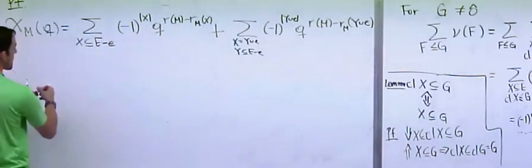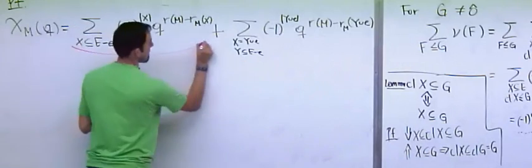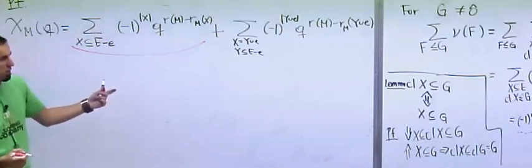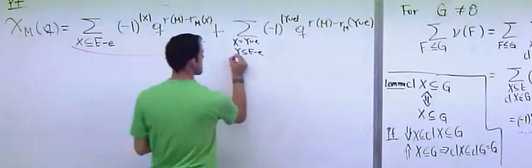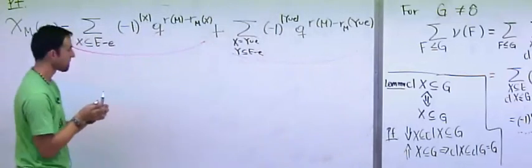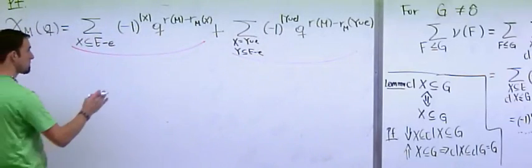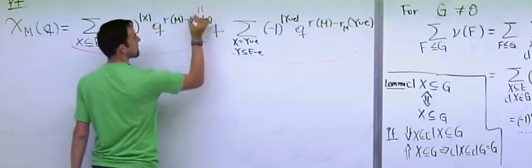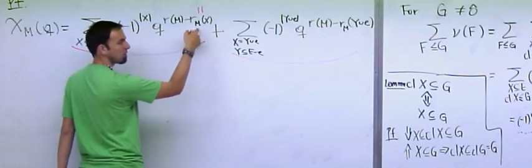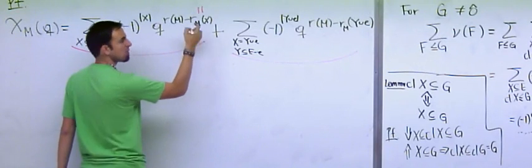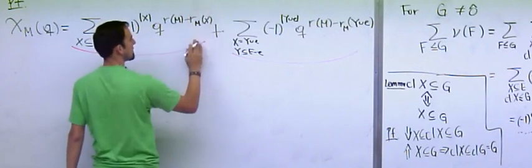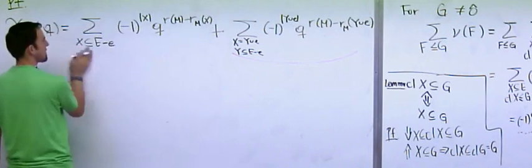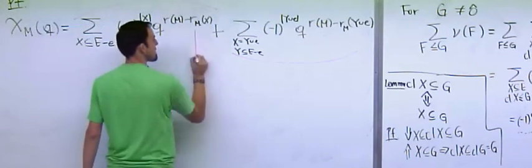Now, as you can imagine, the idea is that this is going to be the deletion. This is going to be the contraction. Why? Well, in the deletion, just remember that the camera doesn't show this.